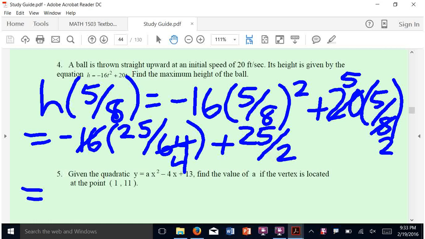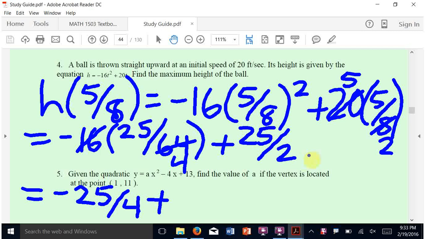So let's rewrite that. Negative 25/4 plus 25/2. I'm going to rewrite this 25/2 in terms of fourths so I can get a common denominator. The common denominator between 2 and 4 is going to be 4. So I want to change 2 into 4.